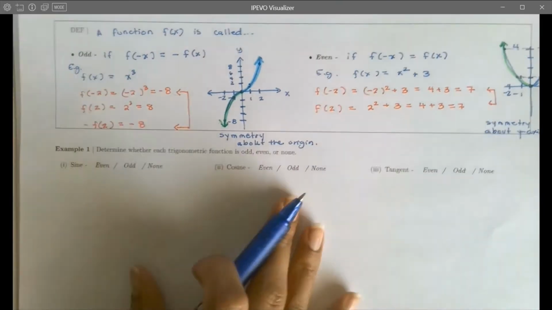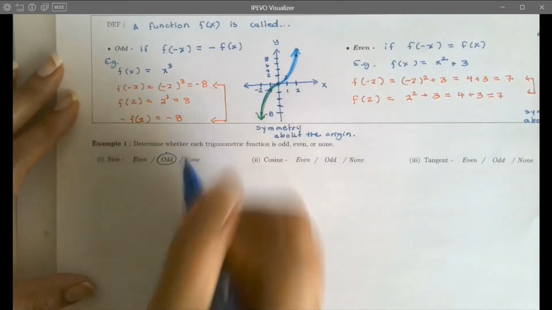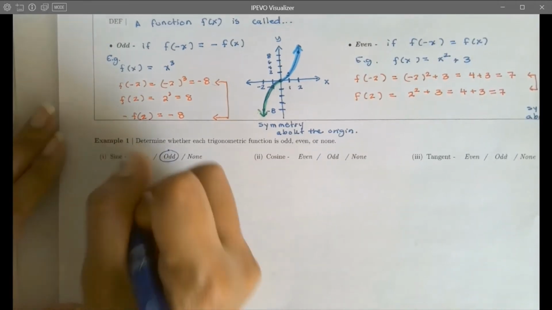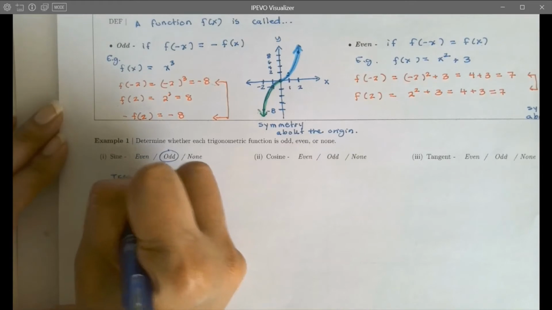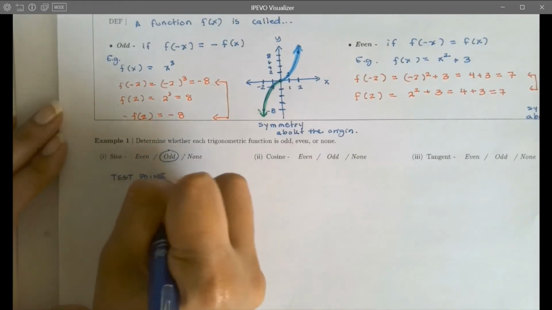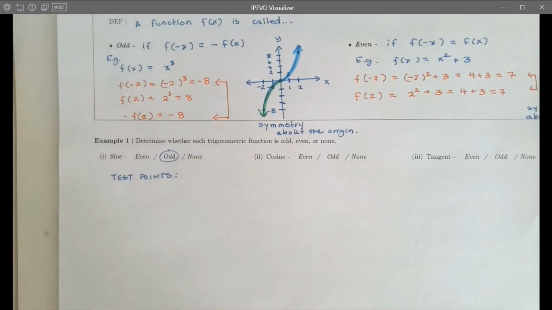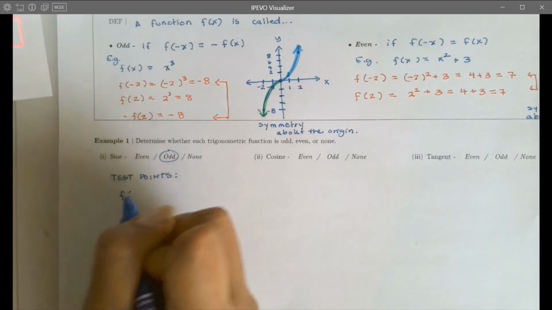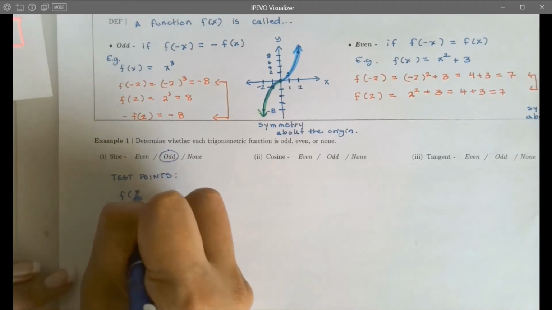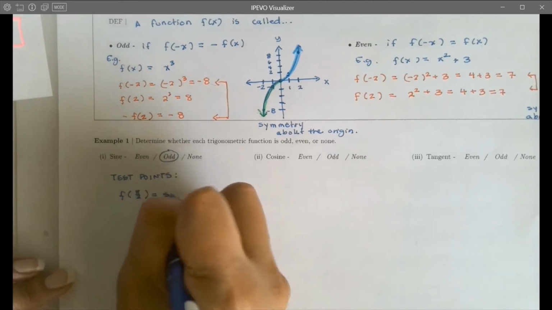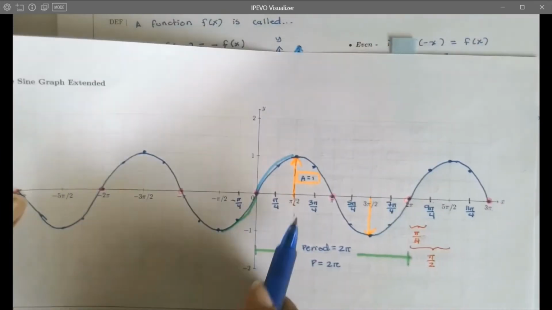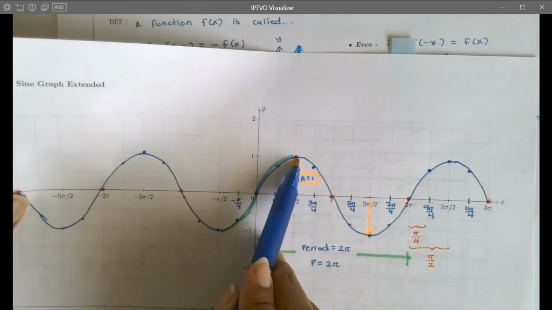So here we're going to select odd just to test some points and verify that that is indeed the case, because we did it by looking at the graph, but we could also just take some points and verify. If I take, for instance, f of pi over 2, meaning if I plug pi over 2 into sine, sine of pi over 2 is going to give me a 1, right?